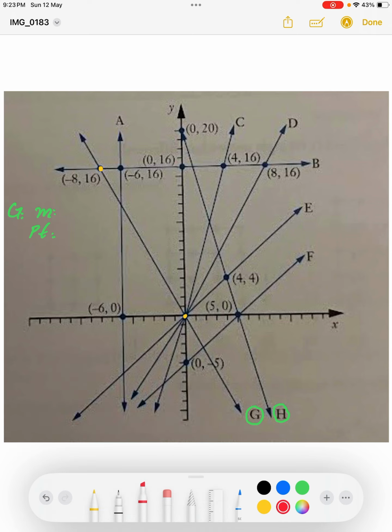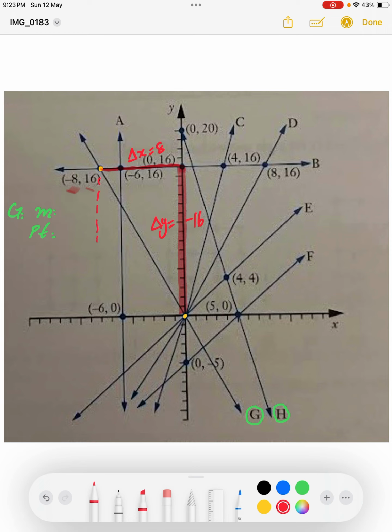Let's just make a triangle. So we've got, from the left point, it goes across 8 and down 16. So let's put our delta x as 8, and let's put our delta y as negative 16, because it's going down 16 and across 8.